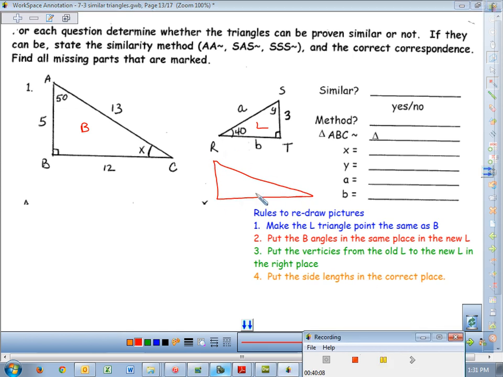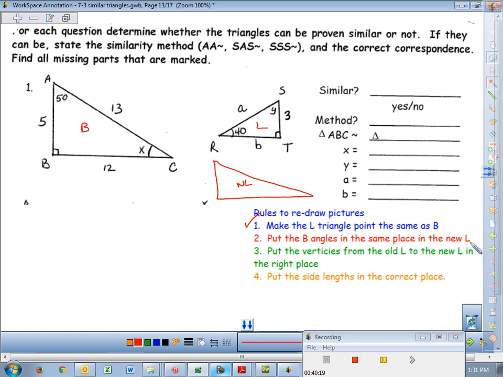Is it pointing the same way as the big triangle? Yes. I just made the new little triangle, you can call it NL if you want. I'm making it point the same way. Step 1, accomplished.